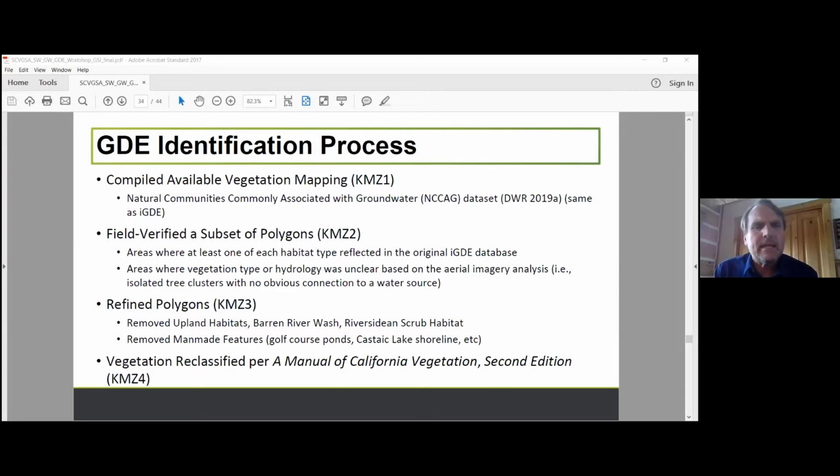So then in the second bullet here, the KMZ2 is the result of a field test. So we went out to many places. We didn't do obviously every square inch of this large watershed, but we went to areas where at least one of multiple habitats were shown on the maps, and we could really get a sense from a biologist's perspective that the original mapping that we had was comporting well with what we could see on the ground.